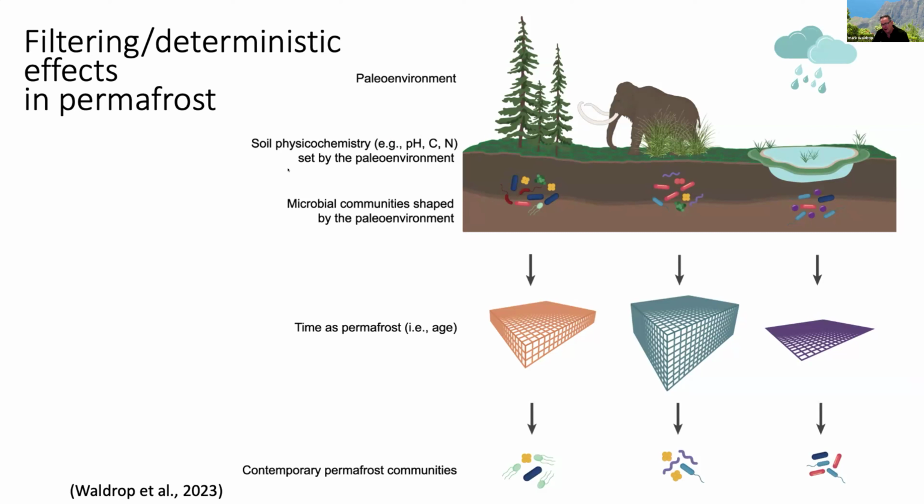But then there's the additional factor, which is fairly unique to these environments, which is this time factor, the paleo time. As these microorganisms are entrained in permafrost, are there changes that occur in community composition or function as these soils have aged? We can try to examine that in part statistically by understanding the date of onset of permafrost formation within these various locations that we sampled around the Panarctic. So we'll talk about that a little bit.